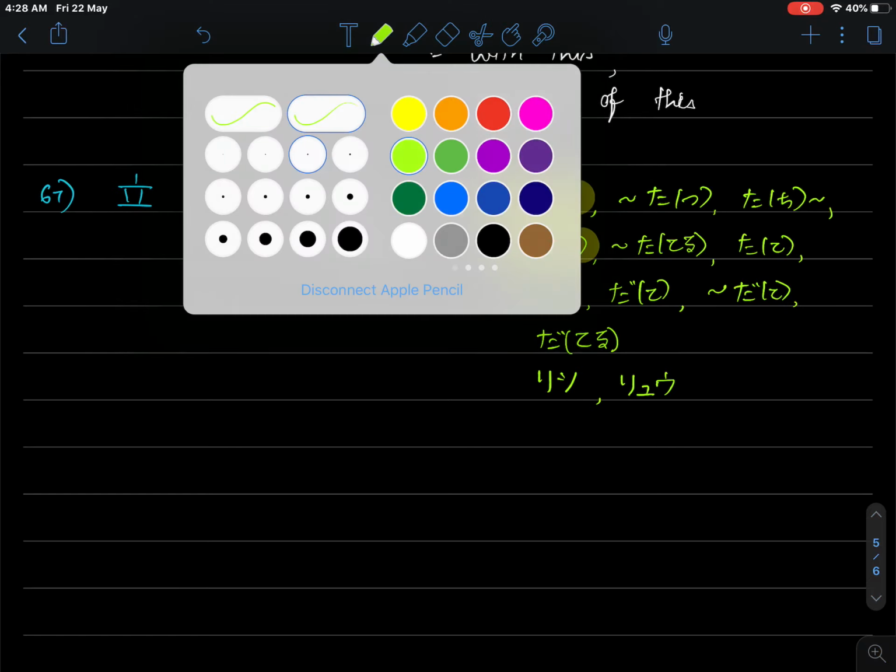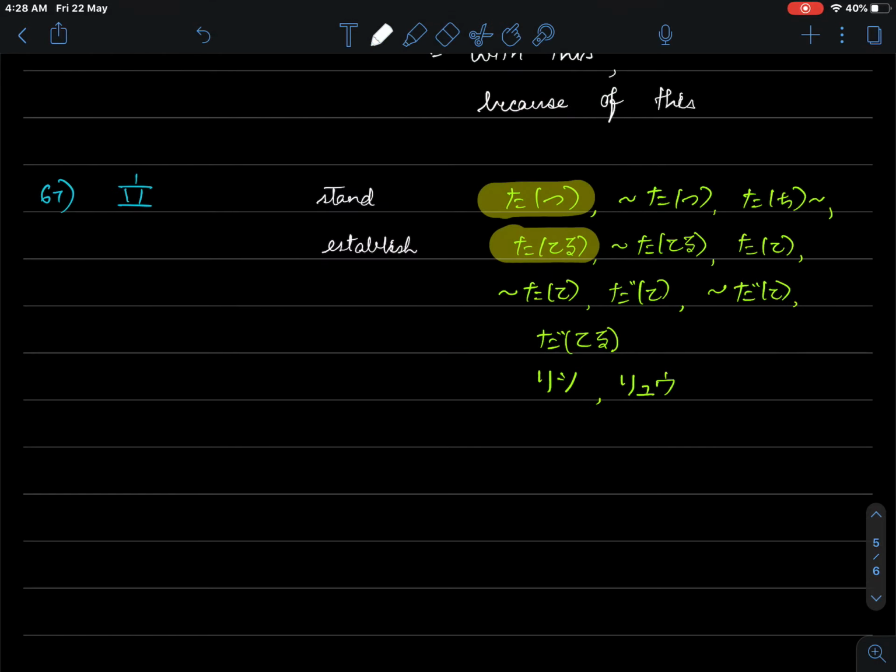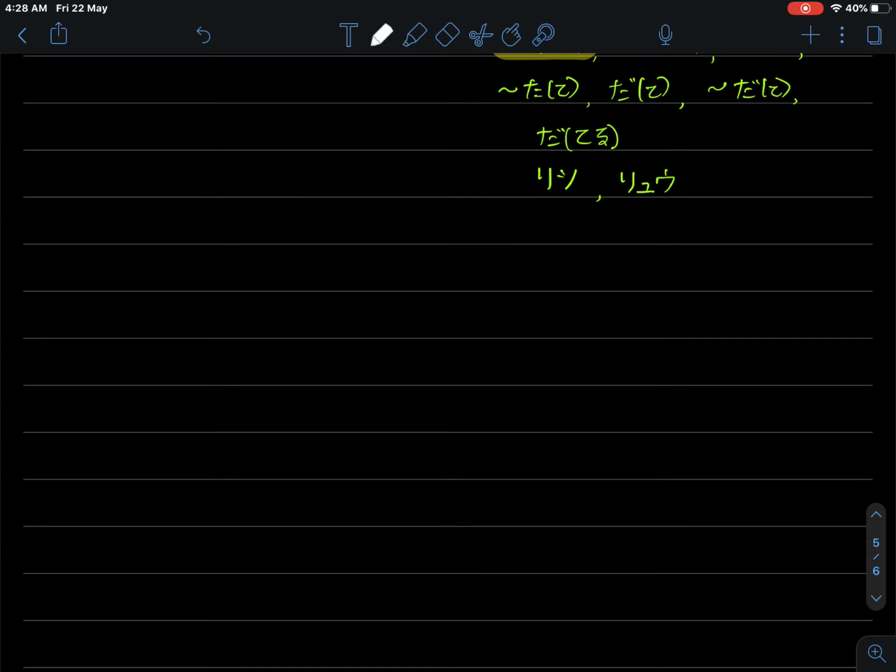Now let's quickly have a look at some words. This will be read as Juritsu, which means standing in the middle. Standing in the middle of what? Of two sides.